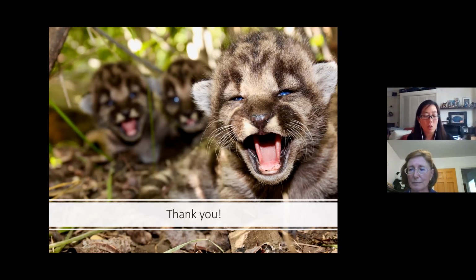We get buffers from storms that are going to be gearing up as climate change changes things, and we're going to have better carbon sequestration with healthy ecosystems. So there's a lot of ways where, for us, the focus is wildlife and wild places, but it actually also benefits a lot of people too.